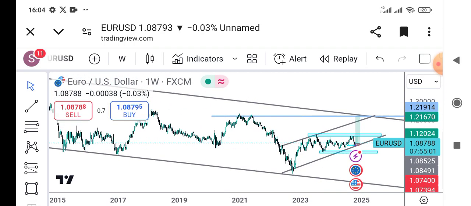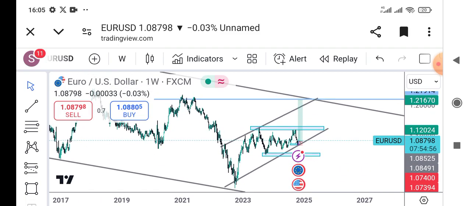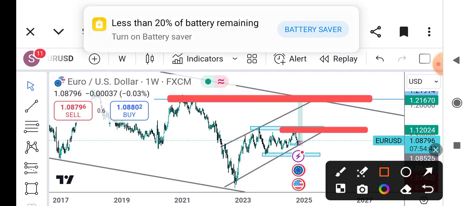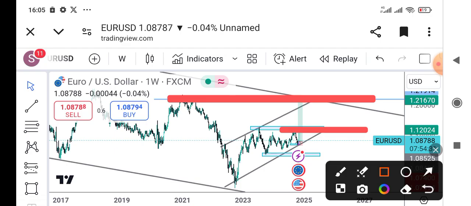This was the highest point of correction. You see, first take profit, your second take profit there. Because we said we are supposed to have first touch, second, then we expect the third one there.